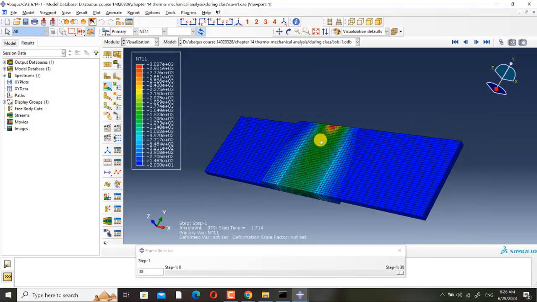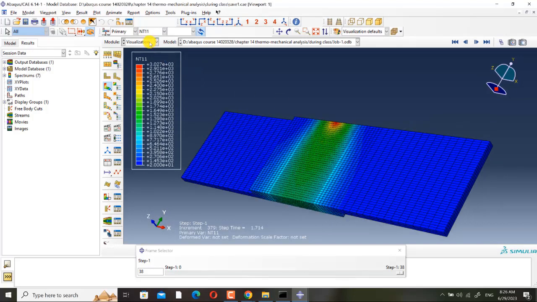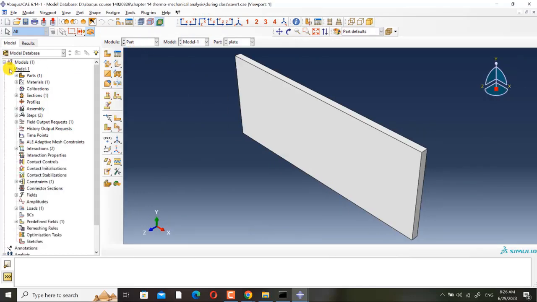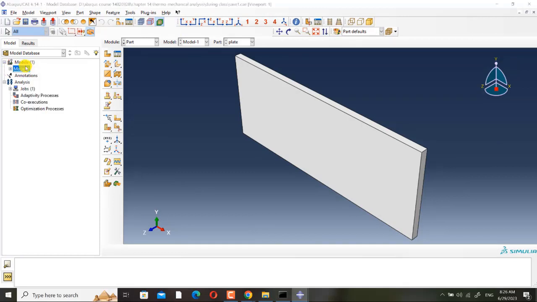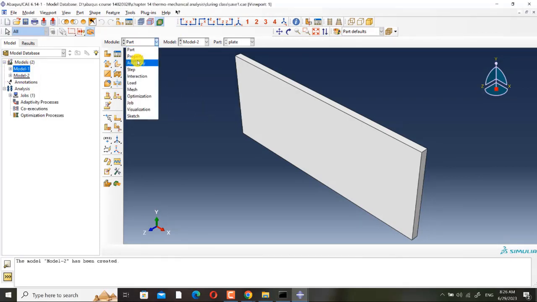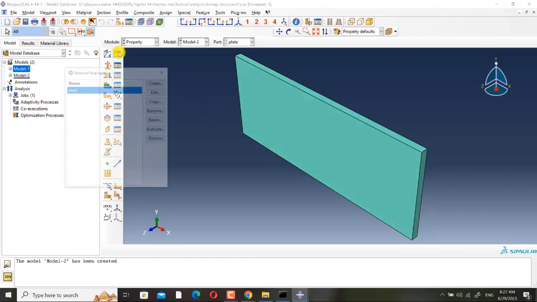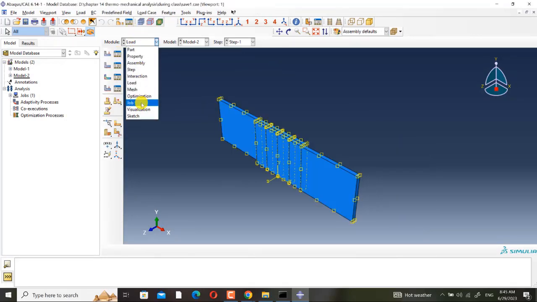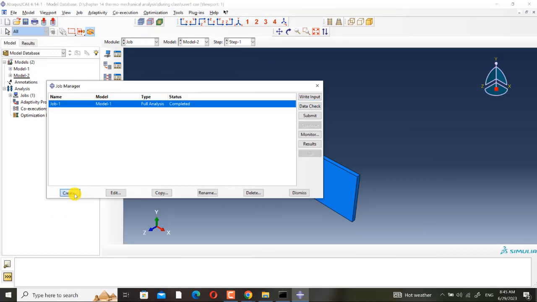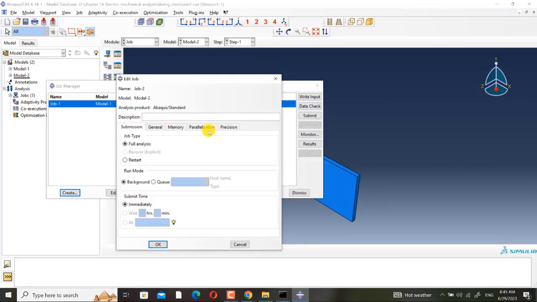Now I want to do the mechanical analysis by using the result of the thermal analysis. I go to the part module. I create a copy from model 1. I name it model 2. I go to the property, but I always use compatible mesh. And I create another job.